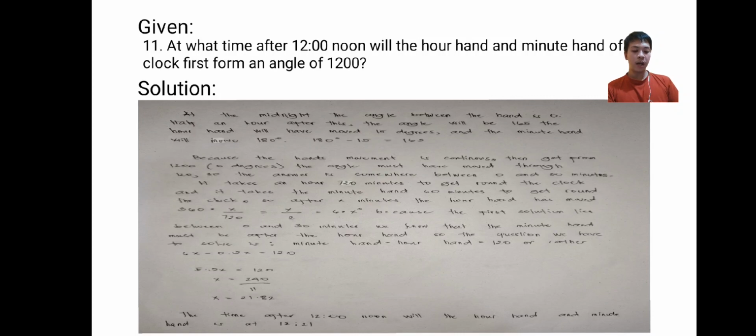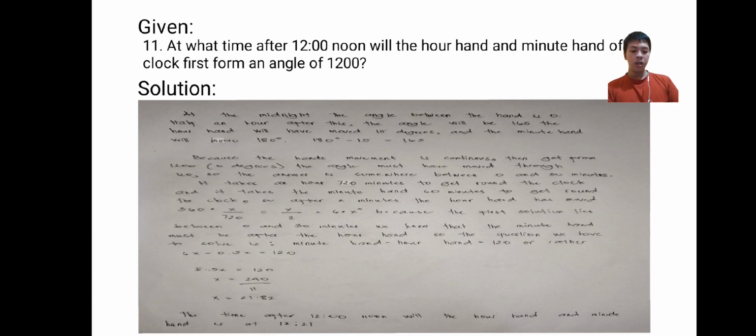Because the first solution lies between 0 and 30 minutes, we know that the minute hand must be after the hour hand. So the equation we have to solve is minute hand minus hour hand is equal to 120, or rather 6x minus 0.5x is equal to 120.